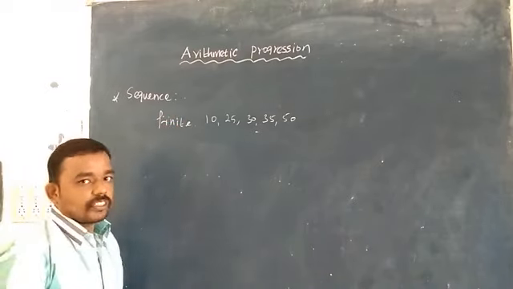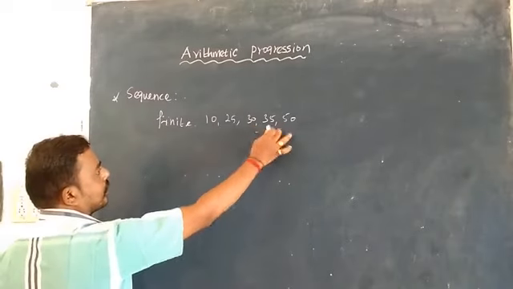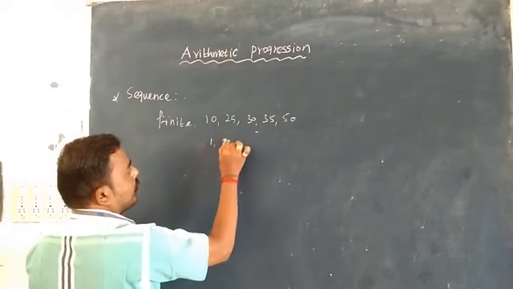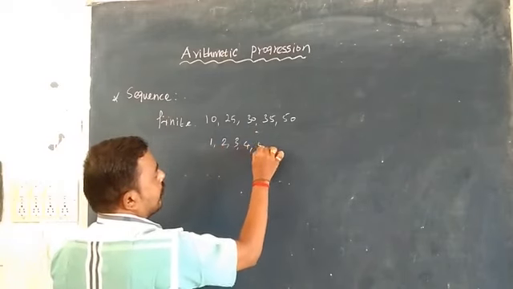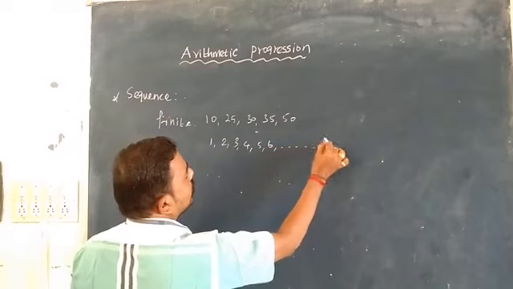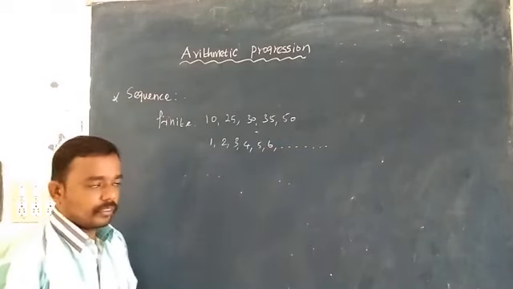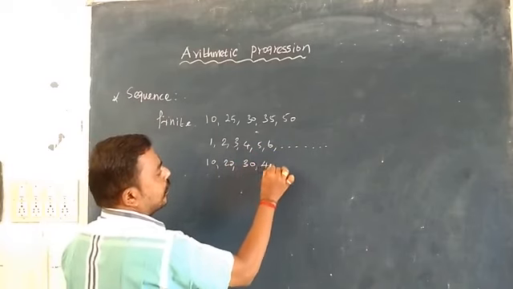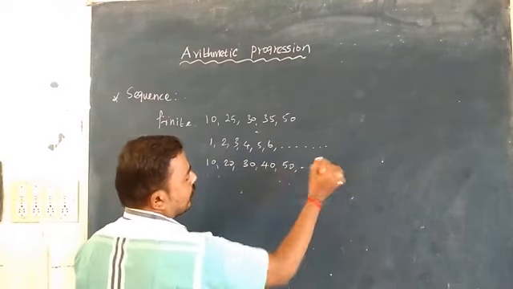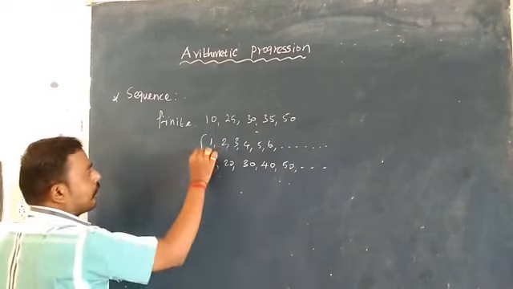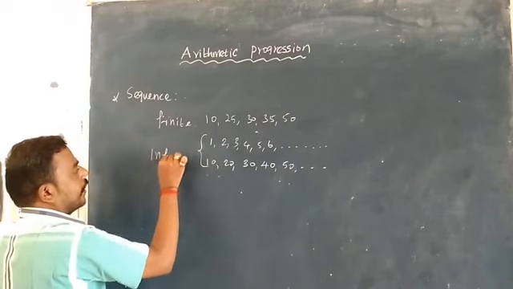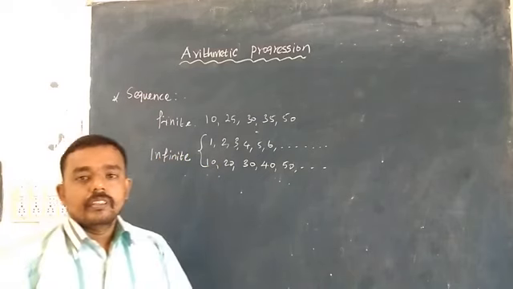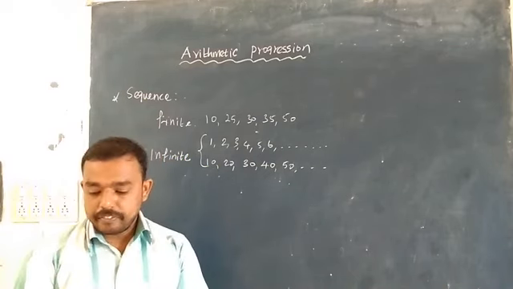I just introduced the sequence 10, 25, 30, 35 and 50. And in the same way 1, 2, 3, 4, 5, 6 and so on. We know that after that we also have numbers, or 10, 20, 30, 40, 50 and so on. Such type of sequence is called an infinite sequence.